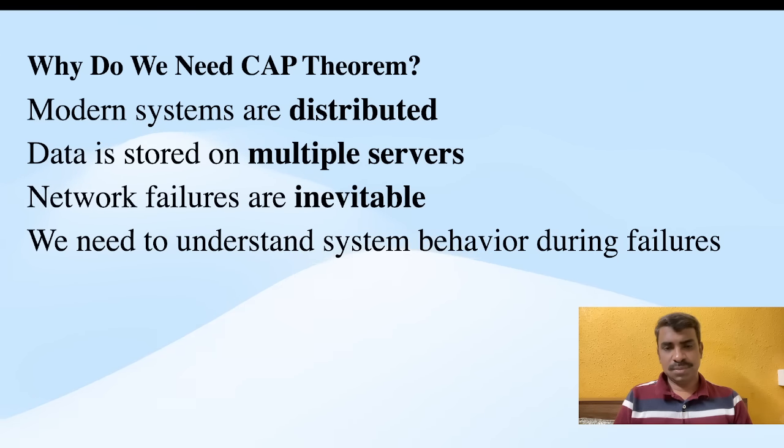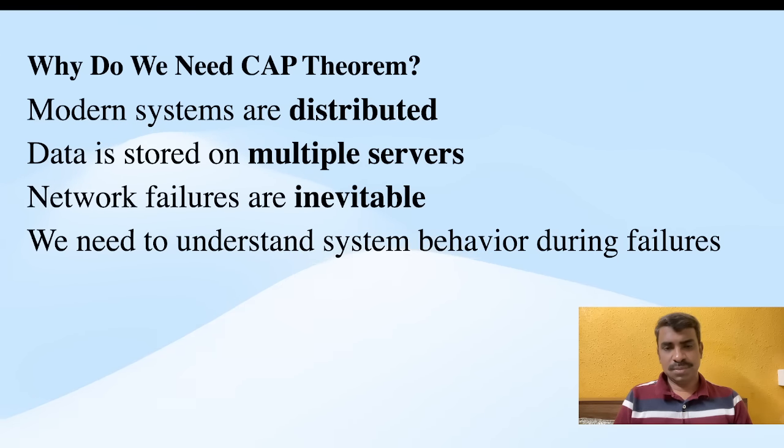So what is consistency? Consistency is about correctness. It means every read gets the latest write. All nodes see the same data. For example, bank account balance or payment systems, it should give the exact value, right? Exact and correct value. So consistency guarantees that you will get correct and latest data.